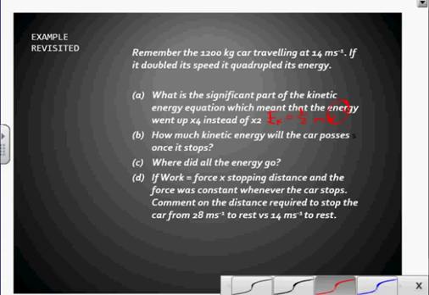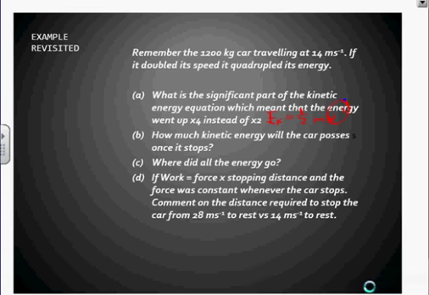You're going to find a lot of the multiple choice questions that we look at will be in reference to that. So v squared, very important. If you double your velocity, you get 4 times the kinetic energy, not just double. That's why a crash at 100 kilometers an hour is far worse than a crash at 50 kilometers an hour.